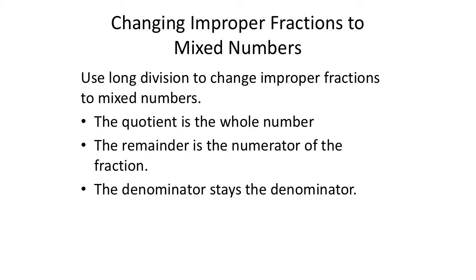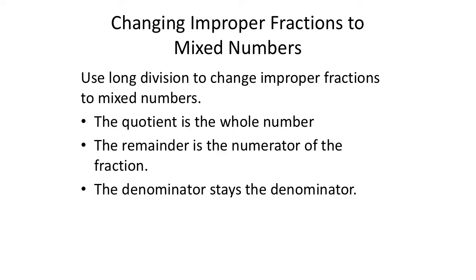So changing improper fractions to mixed numbers, now we're using long division. Remember that the quotient will be the whole number. The remainder is the numerator of the fractional part of the mixed number. And whatever the denominator is, it should stay the same. Of course, you could look to simplify these, but they really shouldn't need to be if we come to the end of those.